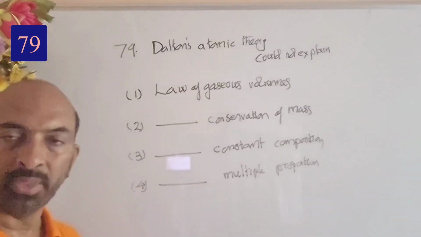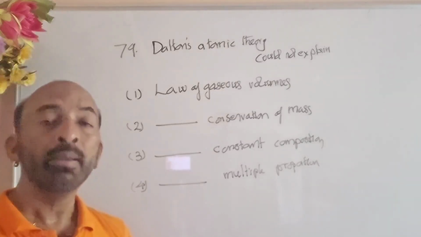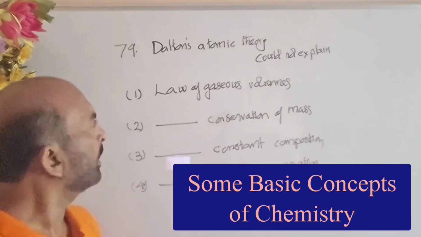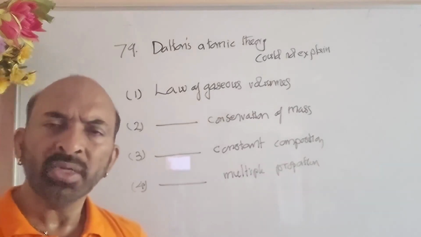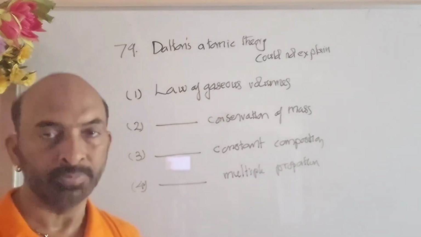The next question 79. Dalton's atomic theory could not explain. This question is from Basic Concepts of Chemistry. Okay. See, we know Dalton's atomic theory is based on masses of reactants and products.